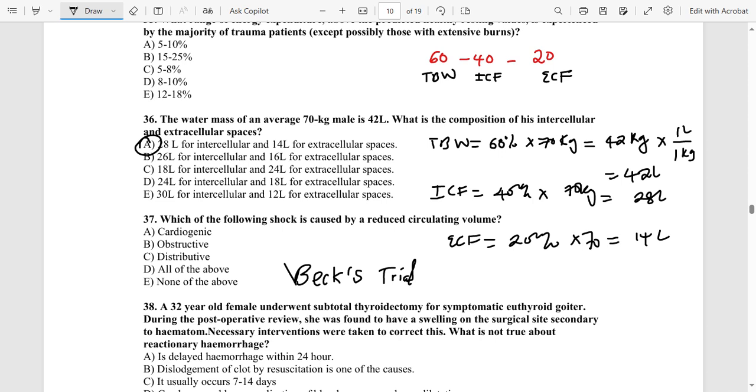That will lead to jugular venous distension. And then there are muffled heart sounds because fluid has piled up in the pericardial sac. Because of a lot of fluid in the pericardial sac, when you put your stethoscope on the chest, that fluid acts as an obstruction to the transmission of sounds, and that's the muffled heart sound.